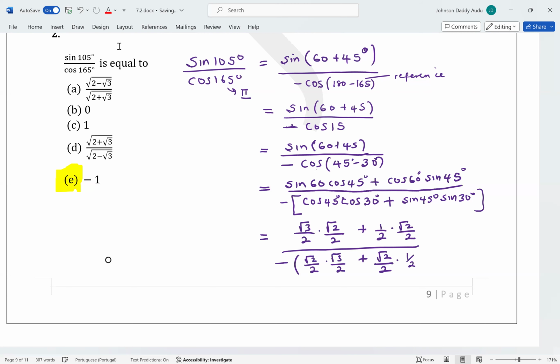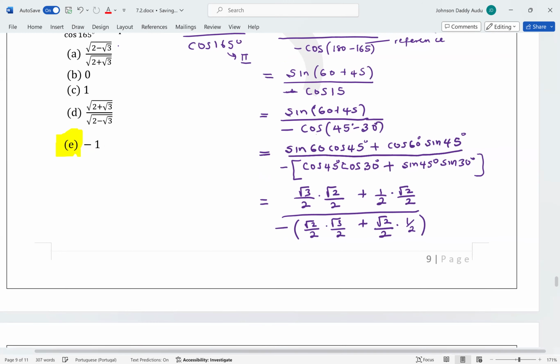Am I correct? Yes. Now, if we look at this carefully, we will realize that the numerator is nothing but root 6 plus root 2 over 4.